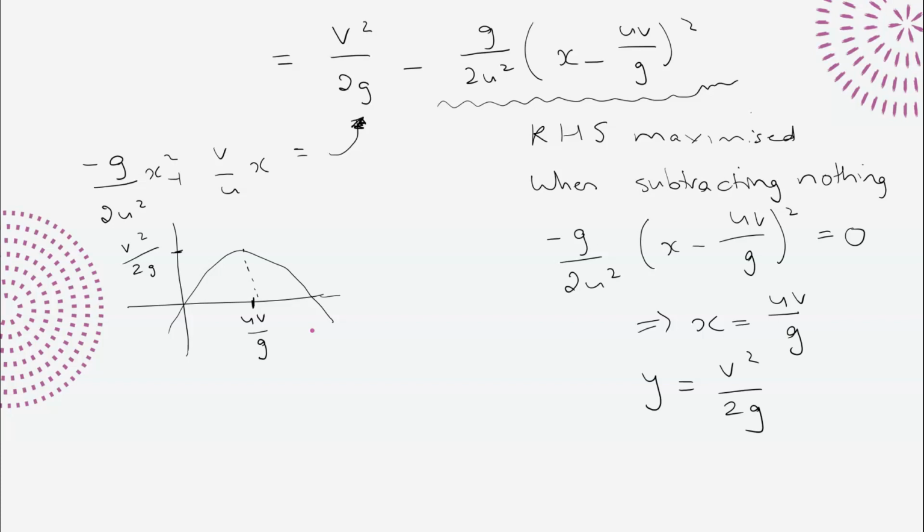Now, what do you know about parabolas? Parabolas are symmetric about their maximum or their minimum, but in this case, if this point here is uv over g, then the point here is twice that.